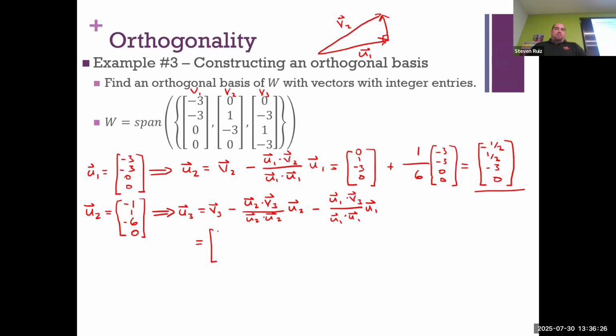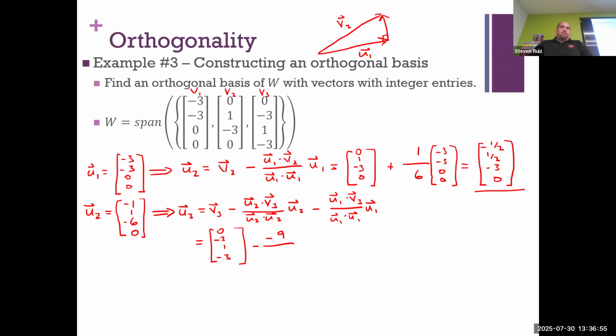So what is V3? 0, -3, 1, -3. Minus, we have not done this. What is U2 dot V3? -1 times 0 is 0. 1 times -3. -6 times 1. I'm getting -9 over U2 dot U2.